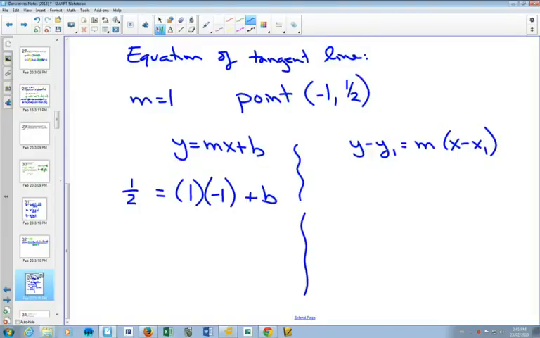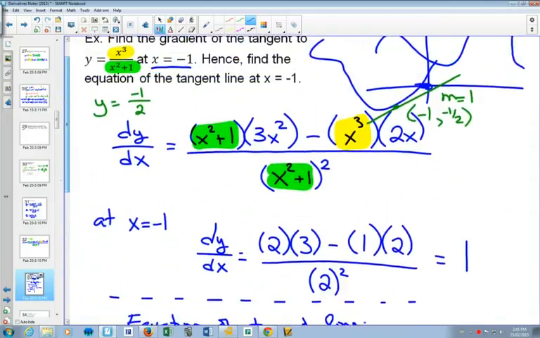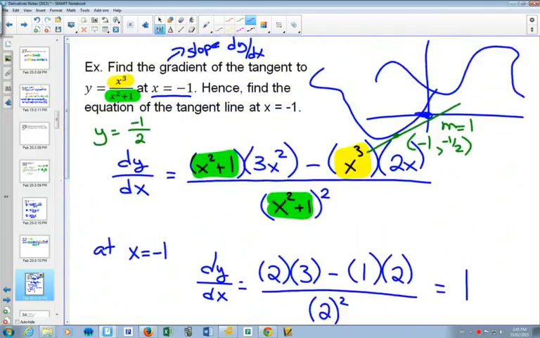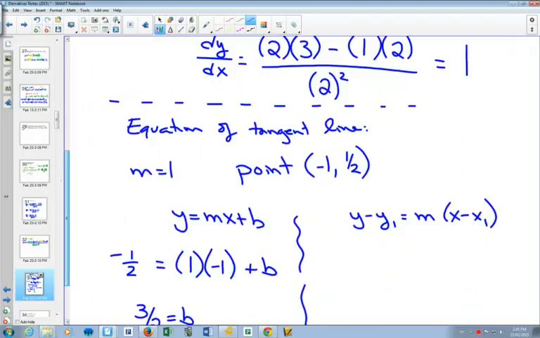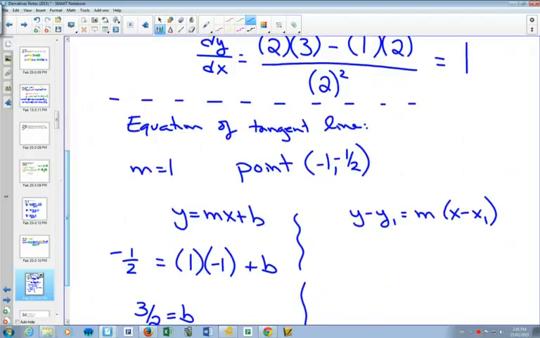Add 1 to both sides, and you get 3/2 equals b. Oh, it's a negative 1/2 here? Thank you. Up here too, did I? There. Oh, I did it good everywhere until here. Lovely.